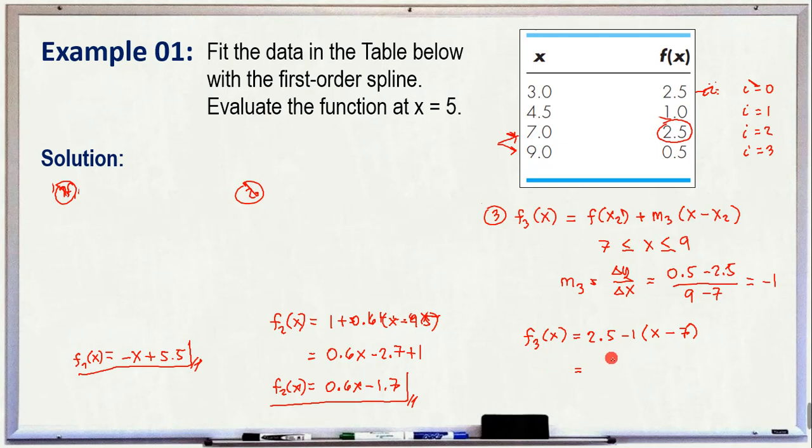Simplifying further, so we have 2.5 minus x plus 7. So ang ato ang final answer for the equation for the third line is equal to negative x plus 9.5. Okay? So, mo ani silang tulo ang ato ang kinahanglanon.